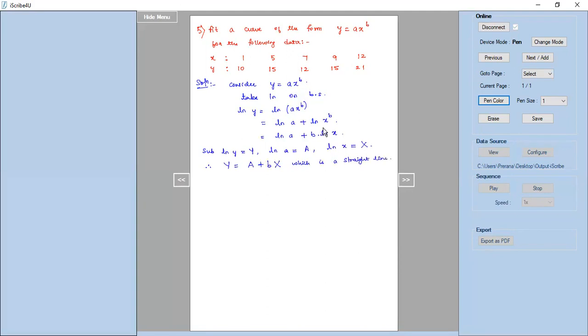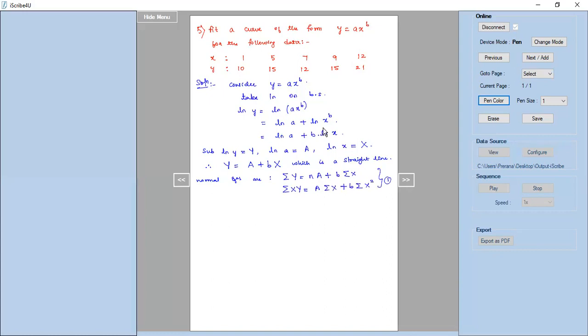Now we need to write down the normal equations for this straight line. Normal equations are sigma capital Y is equal to n into capital A plus b into sigma capital X, and sigma capital X into capital Y is equal to A sigma capital X plus b sigma capital X square. So these are the normal equations.